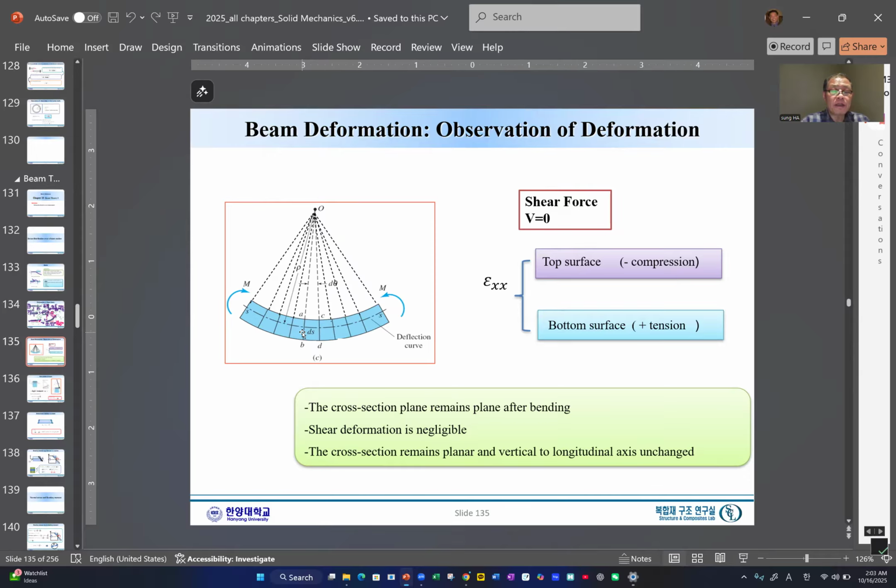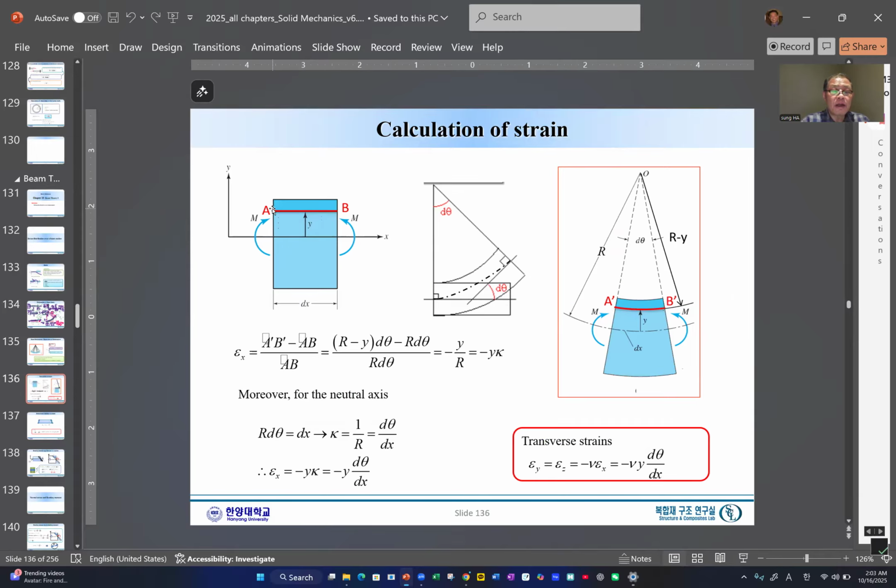Before deformation, that was like this rectangular, and this x represents the longitudinal direction along the beam, and the y is the vertical direction. Now, under bending moment M, this will make the curvature with the radius R.